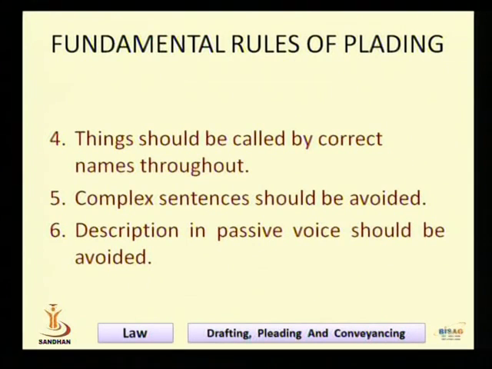The sixth point is description in passive voice should be avoided. Plaintiff has been paid by the defendant. This is called the passive voice. It should be avoided in fair or good pleading. It should not be narrated like this.